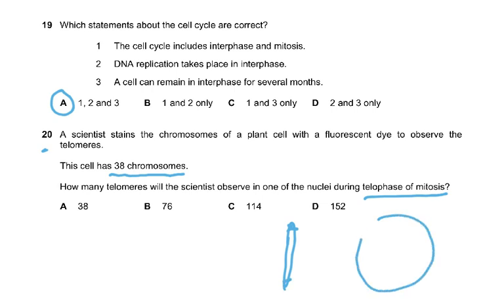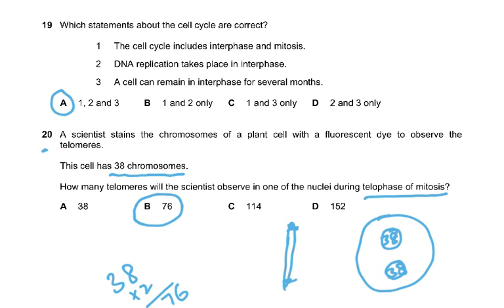But what the question is, what is happening in telophase? Telophase, two nuclei have formed. And each would have 38 chromosomes. And one chromosome has two telomeres, so 38 multiplied by 2, that is 76. So B, 76.